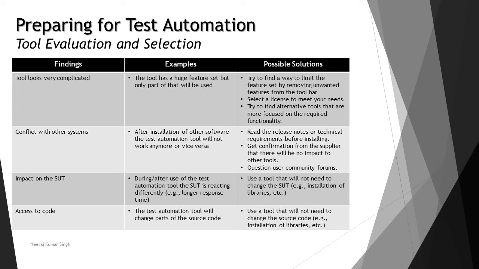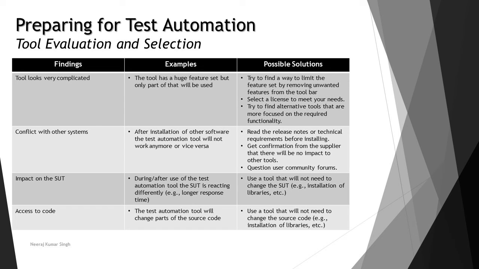Possible solutions include trying to find a way to limit the feature set by removing unwanted features from the toolbar, selecting a license to meet your needs, and trying to find alternative tools that are more focused on the required functionality. We have these provisions in a lot of the trending automation tools, which give you the provision of eliminating the options you're not interested in and reducing the cost as well.